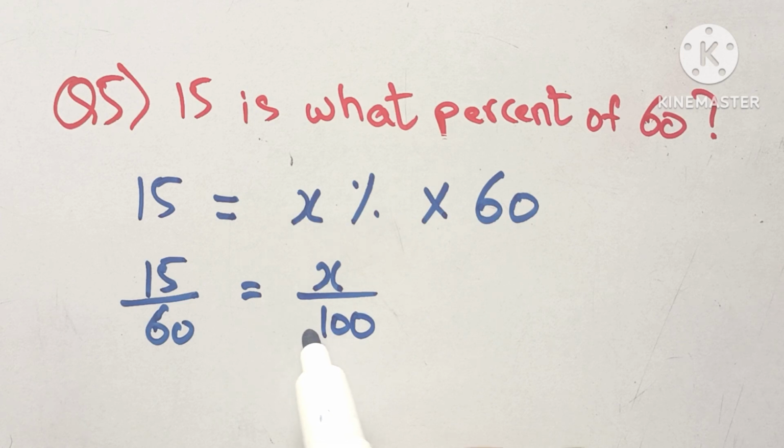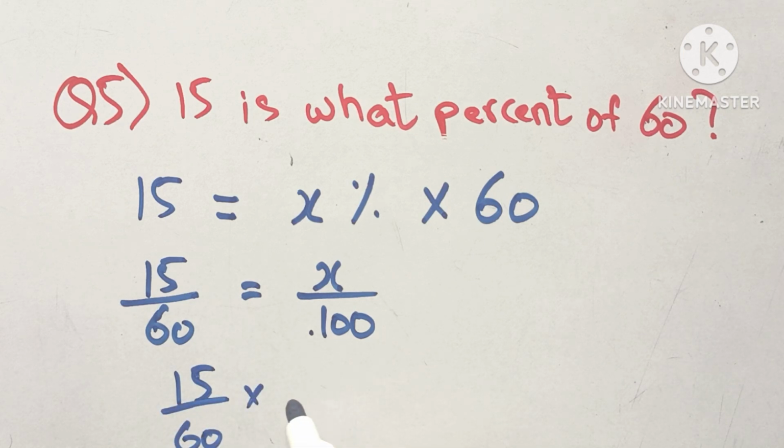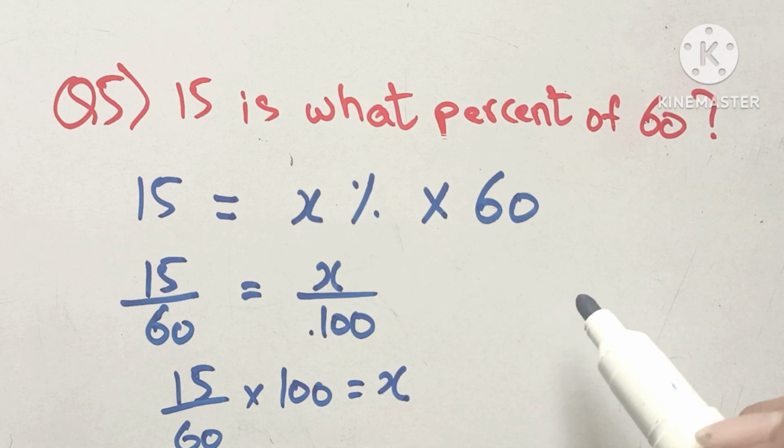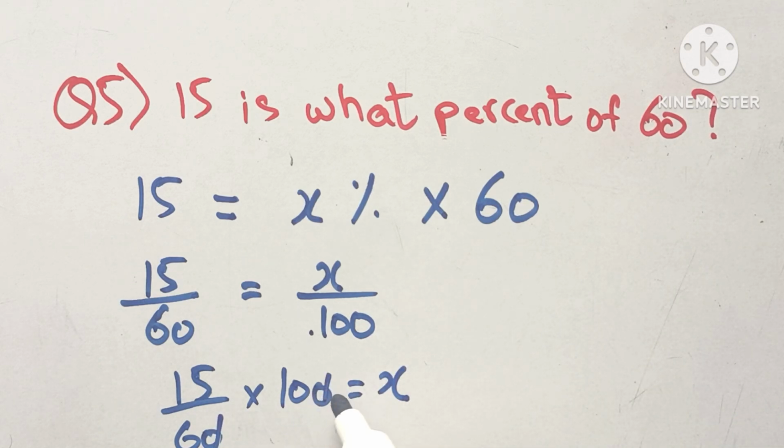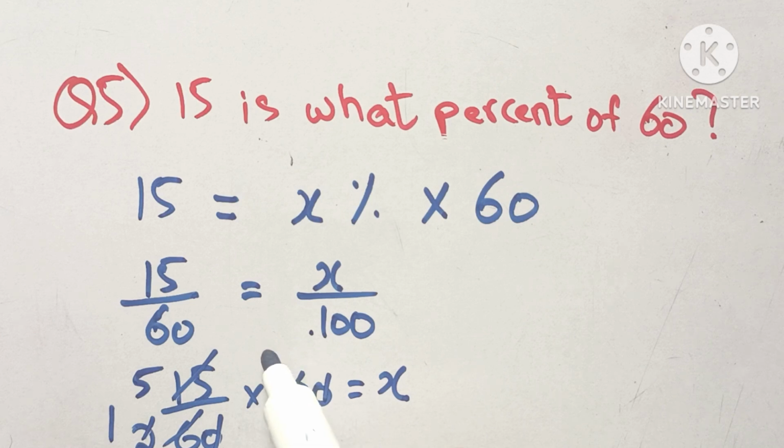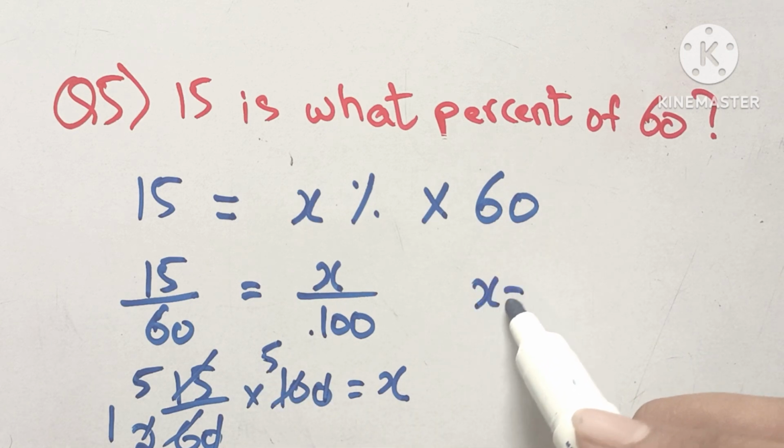Now we have to take this 100 to the other side, and it will multiply by this 15 upon 100. So we cut the 0 first. Now 3 5s are 15, 2 5s are 10, and 5 times 5 is 25%.